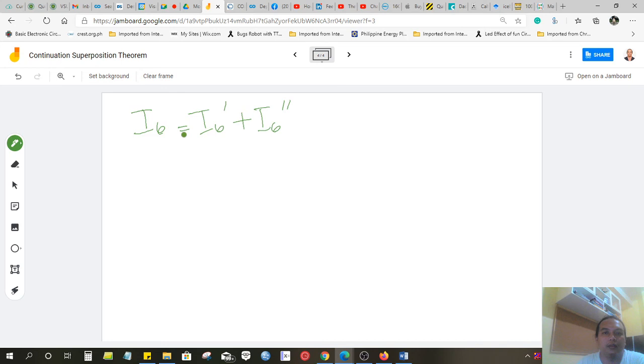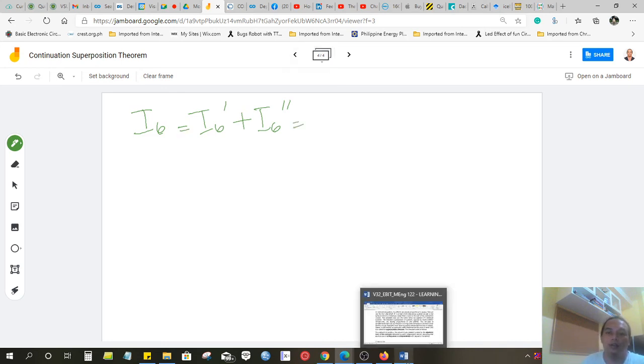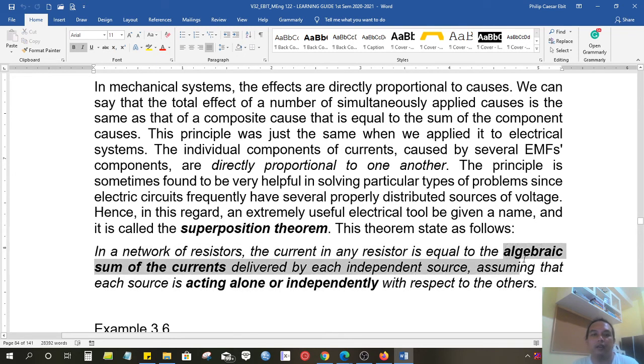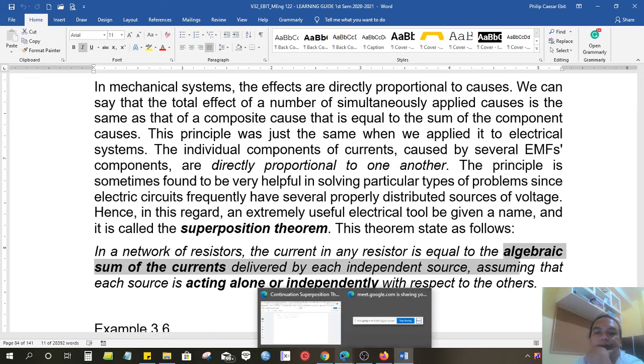Based on the definition of the superposition theorem, in a network, the current in any resistor is equal to the algebraic sum of the currents delivered by each independent source. So we just add the two.